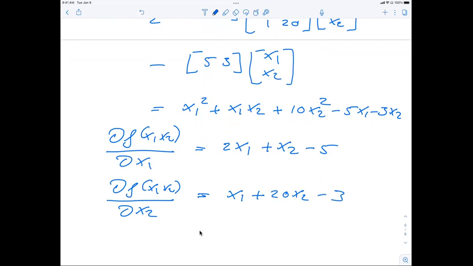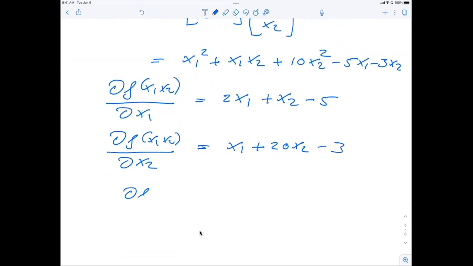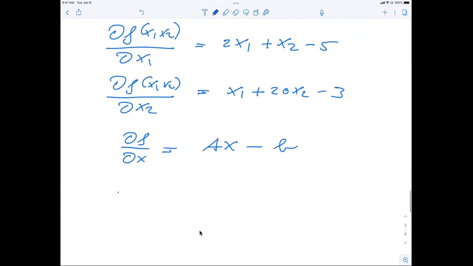Or you can rewrite this in terms of the vectors, because we know that the gradient of f of x is going to be given by A times x minus b, where we have defined f of x as equal to 1/2 x transpose times A times x minus x transpose times b.